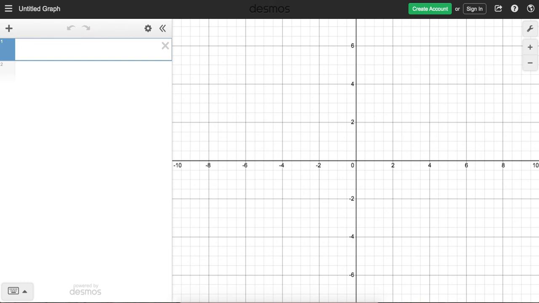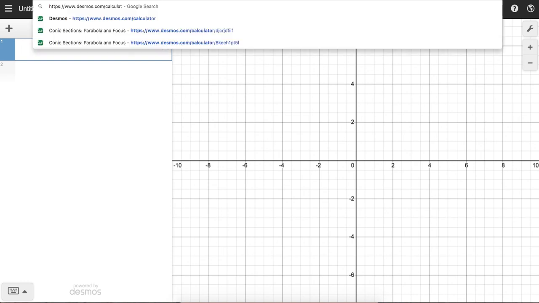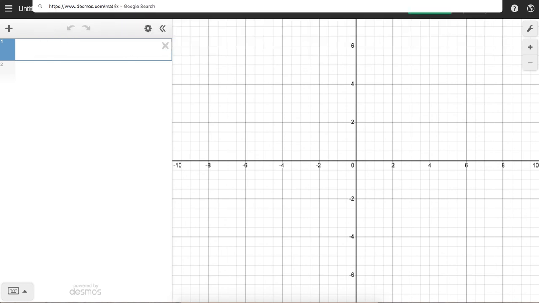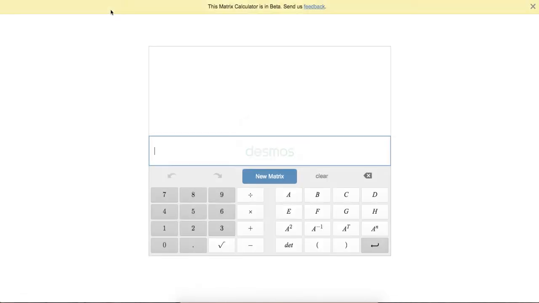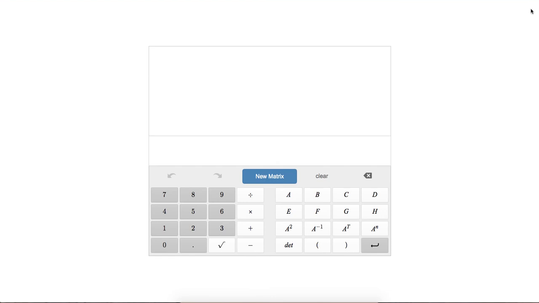What you're going to want to do is, in the address bar where it says desmos.com, switch it over to matrix. So desmos.com/matrix, and it should give you a matrix calculator. It's still in beta, which means they're still working out some of the bugs. But this will allow us to work with matrix calculations, especially for solving a system of equations.